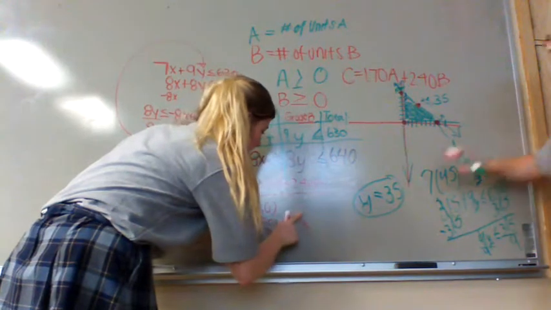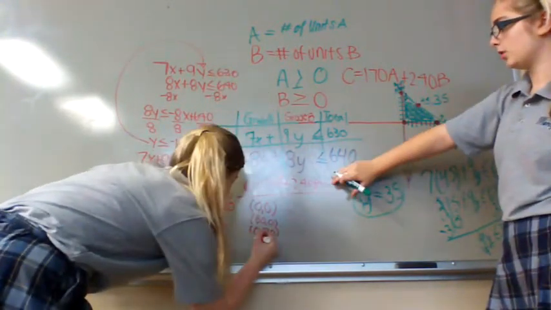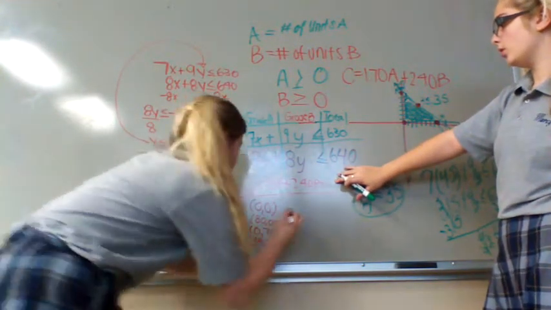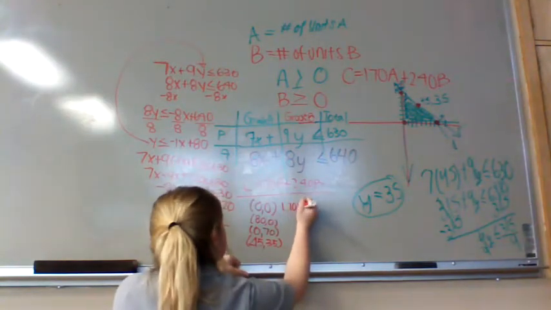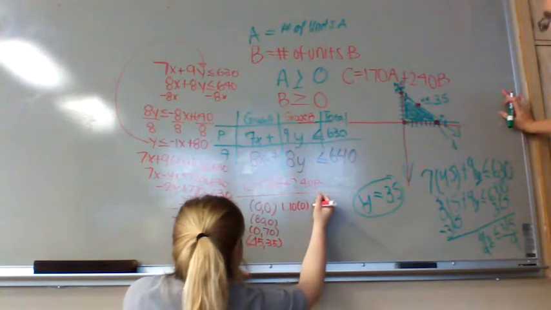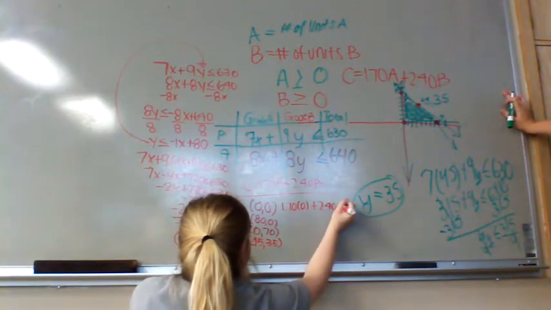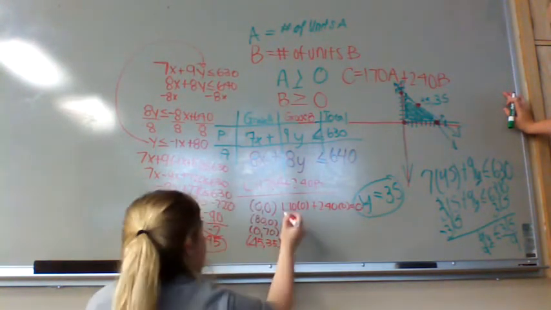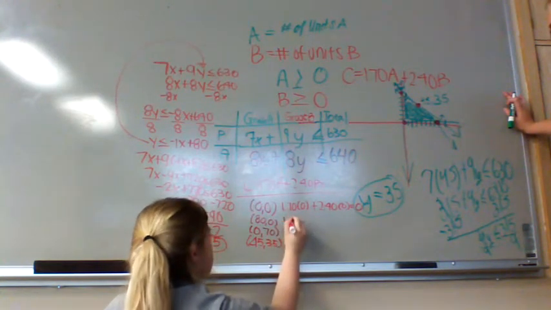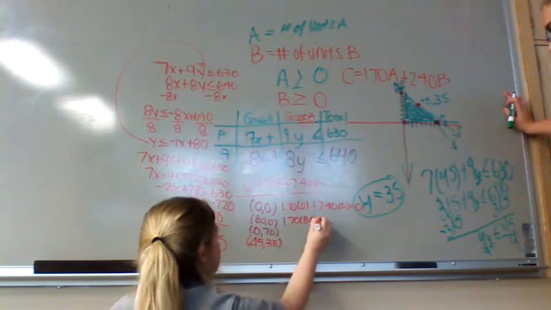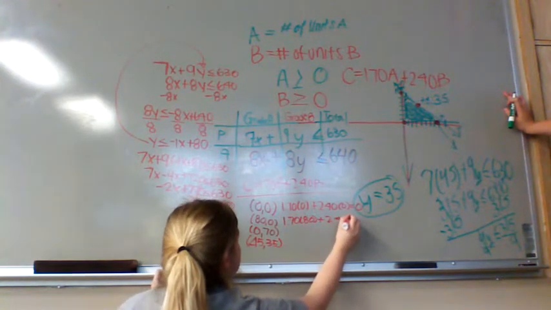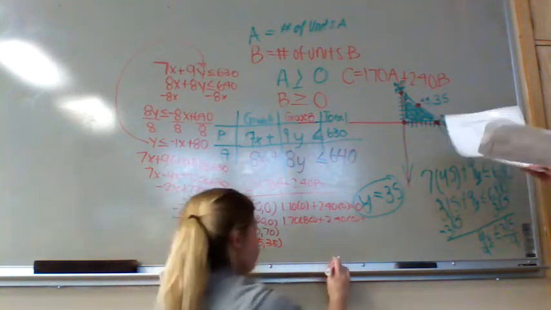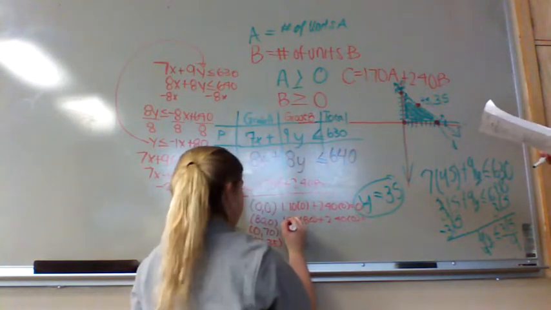And then you want to plug all the points you found into your equation over here that determines your best profit. So then we'll do 1.70 times 0 plus 2.40 times 0, which equals 0. And then we'll do 1.70 times 80 plus 2.40 times 0 equals 136.